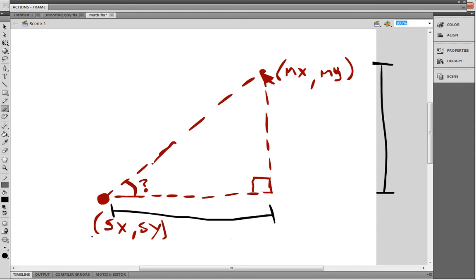Okay, so just to remind you, this is the shoulder of the guy. Its coordinates are sx, sy, and this is the mouse, which has mx and my as coordinates. So what algebraic expression could represent this side?